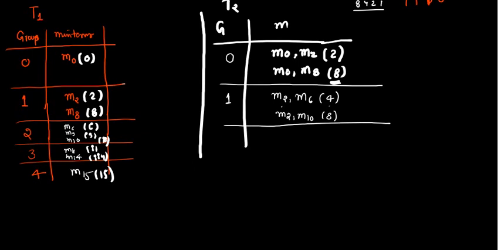So what we have done is that we have formed group 1, right? But M8 and M10 is also possible. So 2, 6 is possible, 2, 10 is possible, 8, 9 is possible, and 8, 10 is possible, right? M8, M9.